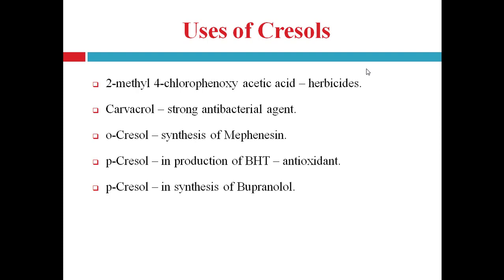It is used as an antioxidant in different pharmaceuticals. Paracresol is also used for the synthesis of bupranolol, and bupranolol is a selective beta blocker, which is used for the management of hypertensive conditions.